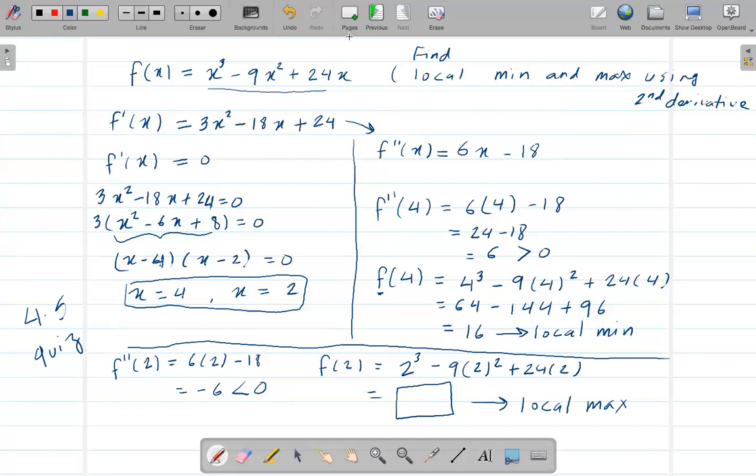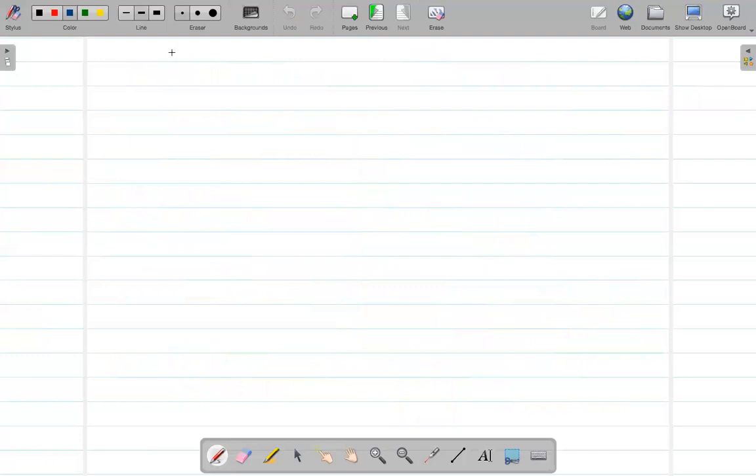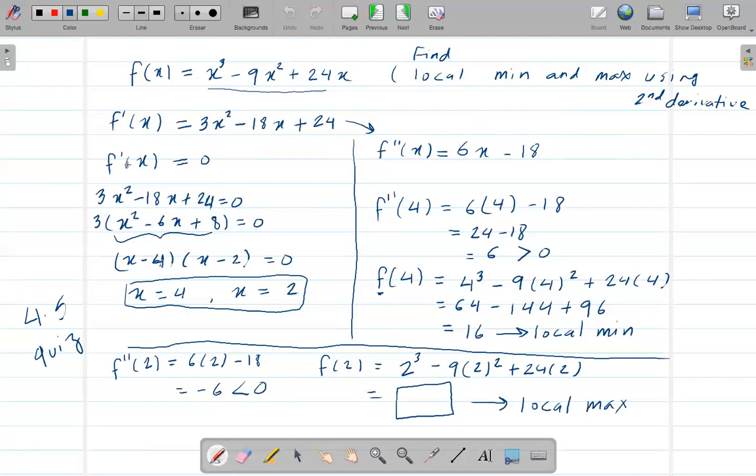After this, I guess you can do this on your own. This is given, so find the local maximum and minimum using the same process that I did here, using the second derivative.